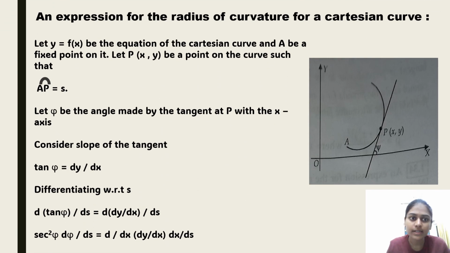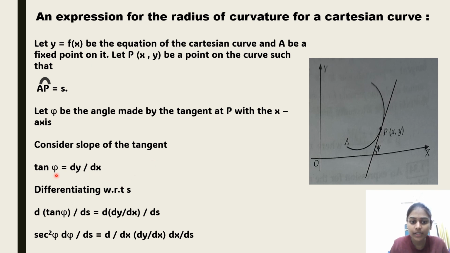Now we will discuss an expression for the radius of curvature for a Cartesian curve. Let y is equal to f of x be the equation of the Cartesian curve and A be the fixed point on it. Let P of x, y be the point on the curve such that arc AP is equal to s. Let psi be the angle made by the tangent at P with the x-axis. Consider the slope of the tangent: tan psi is equal to dy by dx.